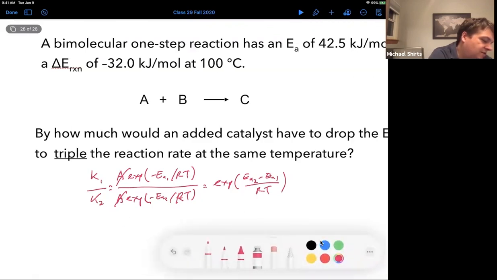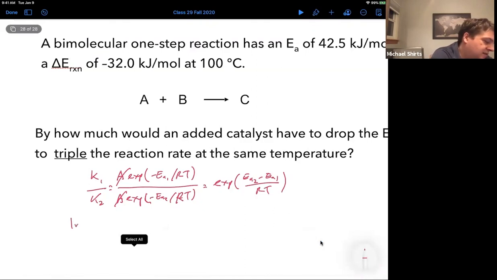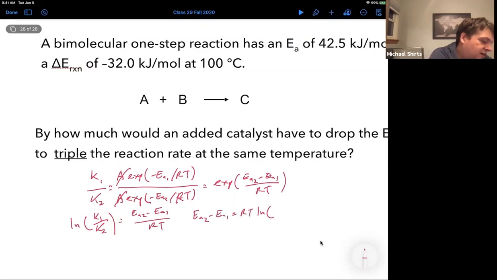Take the logarithm of both sides: log of k1 over k2 is going to be equal to EA2 minus EA1 over RT. And so EA2 minus EA1 is equal to RT log k1 over k2.